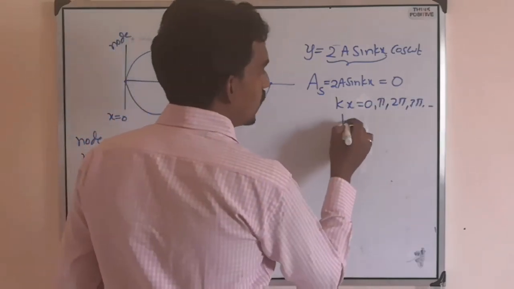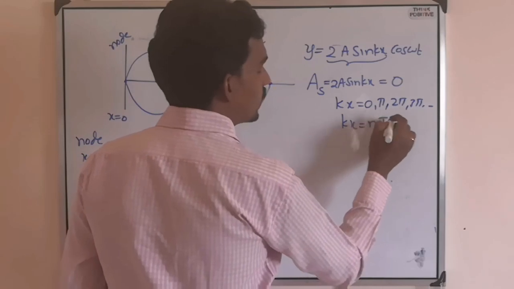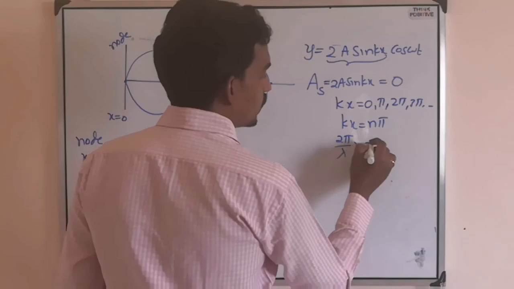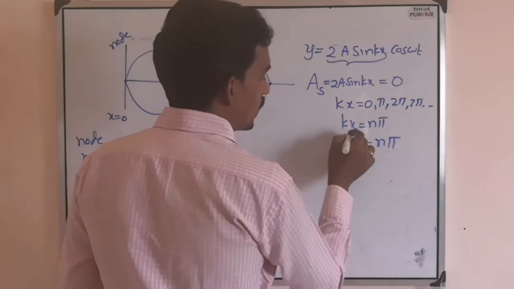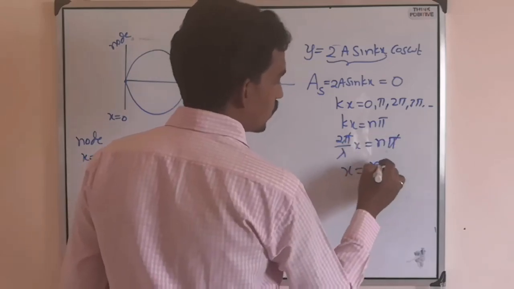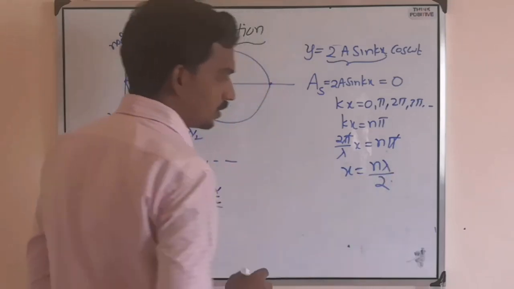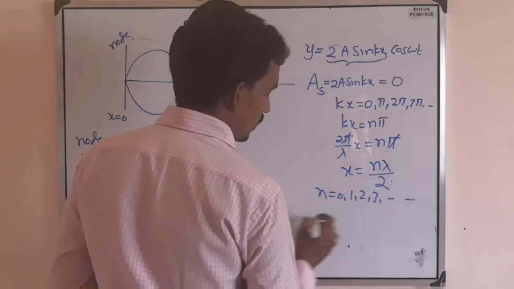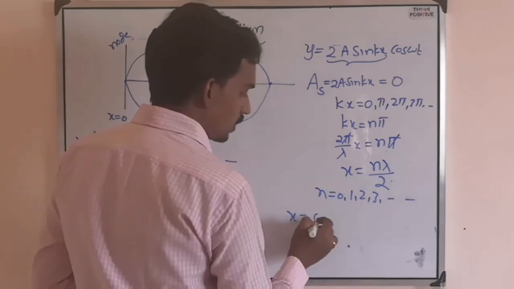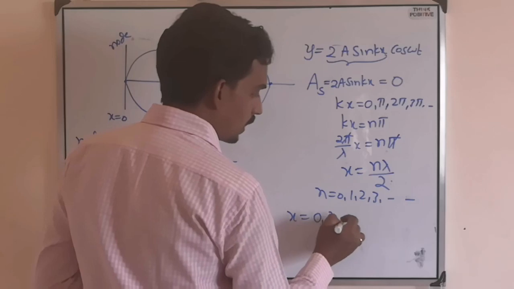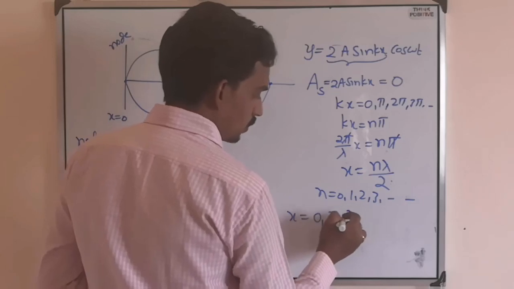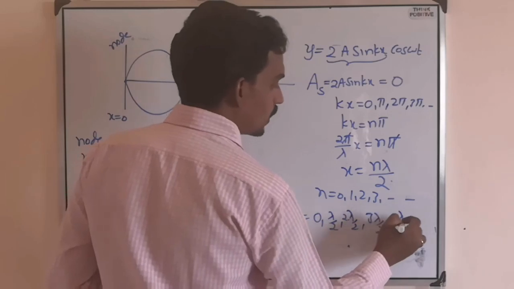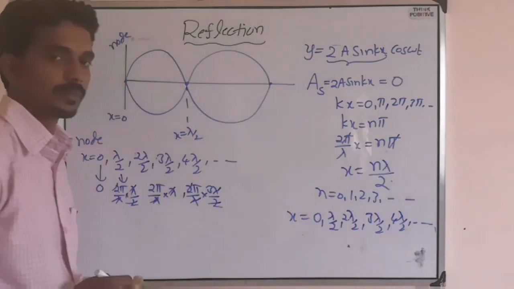That means kx can be n pi. K means 2 pi by lambda, into x equal to n pi. Pi cancels, so x equal to n lambda by 2, where n value is 0, 1, 2, 3 and so on. So the positions of x will be 0, lambda by 2, 2 into lambda by 2, 3 into lambda by 2, 4 into lambda by 2, and so on.